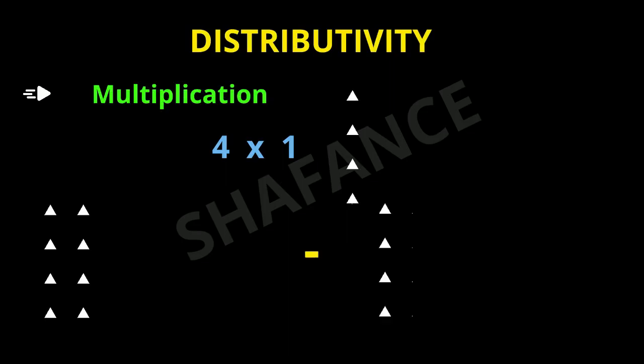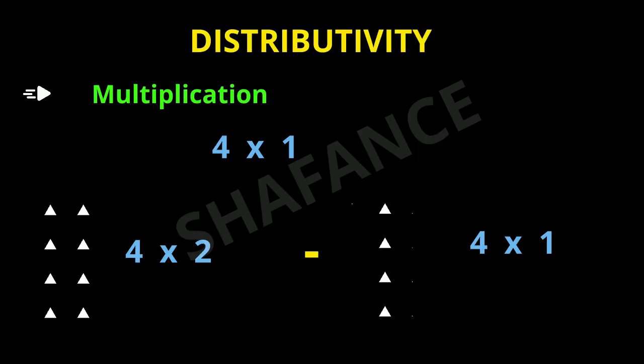So we are subtracting 4 from 8, and we'll get what we have initially, that is 4 triangles. Now 8 triangles can be written as 4 into 2, because 4 triangles are getting repeated twice. And the 4 triangles we are subtracting can be written as 4 multiplied by 1, because 4 triangles are getting repeated once.